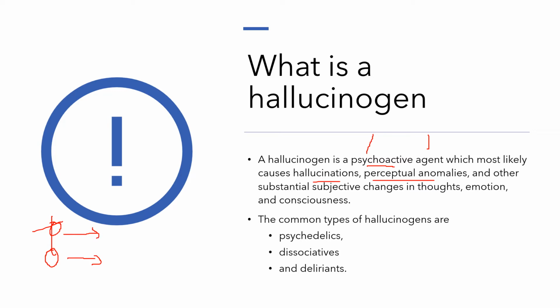That is hallucination. And there will be other subjective changes in thought, because from the perception we give some meaning to it, we give some idea or concept to it. What is it? And that forms the thought. And if perception is either distorted or completely deceptive, then the idea or concept that is made will be altered, will be not true, will be a false thought, and there will be changes in the emotion.